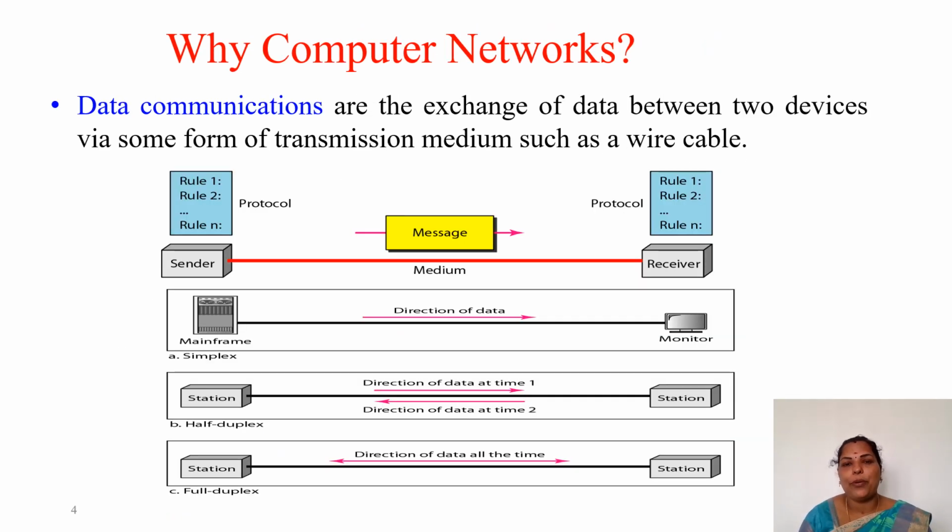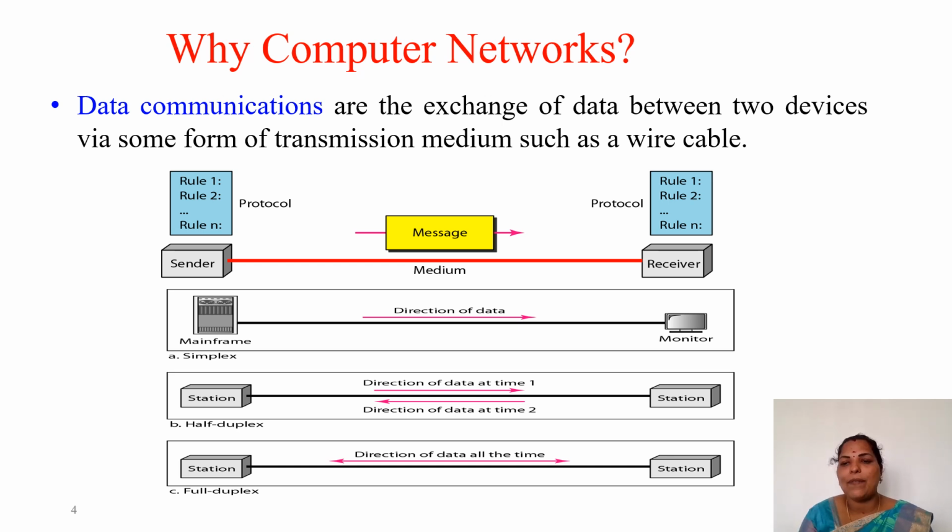Next, why computer networks? We studied the definition of a computer network, but why do we need computer networks? Because in order to provide data communication, if you want to communicate something to others, in such a case only we need a network. Earlier days we had a postal service. We write a letter and post it in a post box.